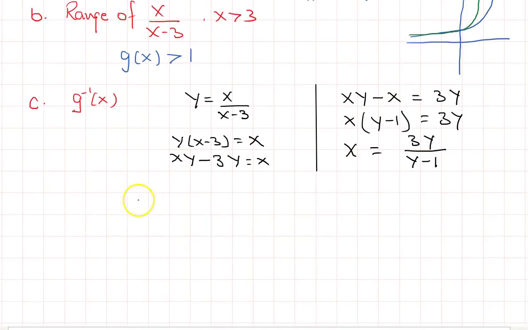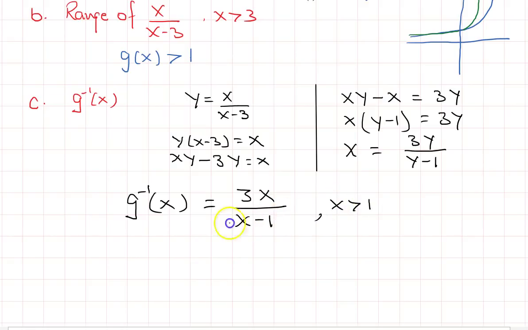Now to make the actual g inverse x, the inverse function, again replace y by x. So it will be 3x over x minus 1. So that's how we find the inverse of a function. And we also mentioned this is x minus 1, so we can say x is greater than 1.